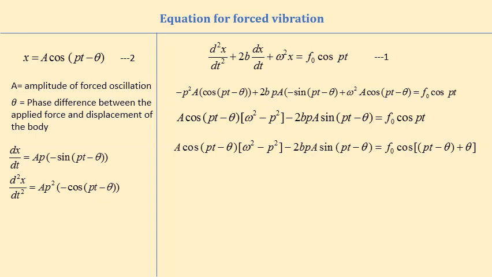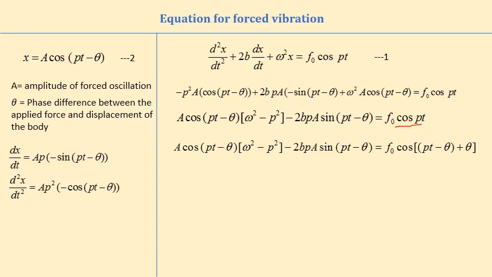Now let us add and subtract theta on the right hand side of this expression, so that we will get A cos(pt - θ)(ω² - p²) - 2bpA sin(pt - θ) = f₀ cos(pt - θ + θ).